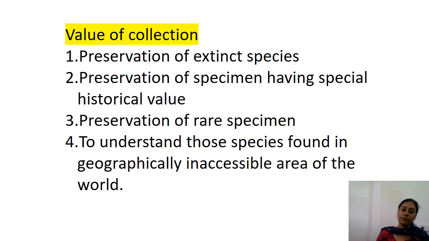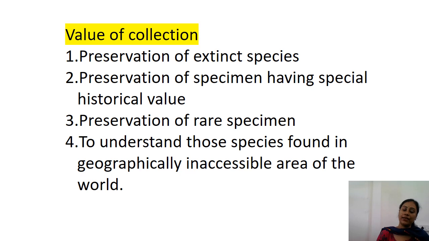Then we can preserve many rare specimens which we cannot find abundantly all over our world. So it will be helpful for taxonomic research. And finally, we cannot go to different continents of the world because it is money consuming and time consuming.